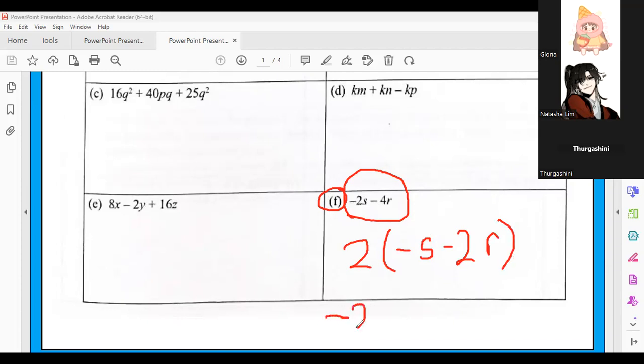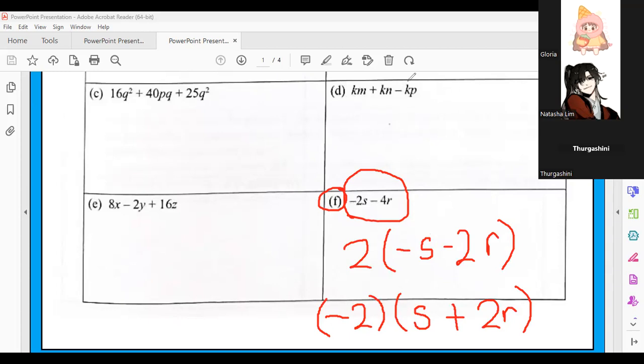What if I factor out a negative 2? What would then the other side of the bracket look like? Very good. You're going to have an S, and then you're going to have plus 2R. Fantastic.